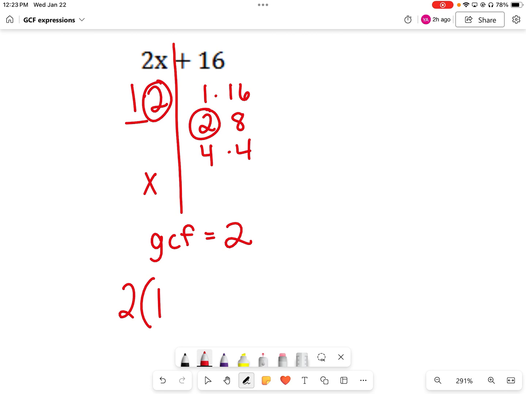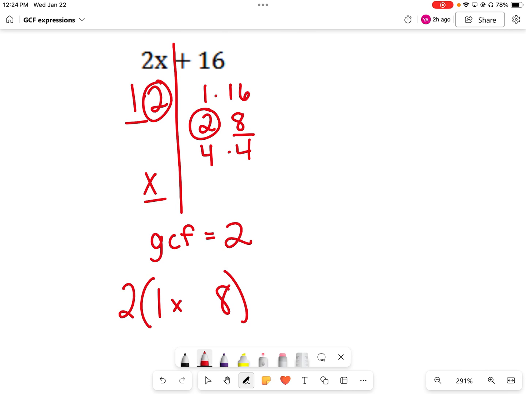So 1. And also the variables remaining. Underline that. X. And then leave a blank and look at what's with 2 on 16. It's 8. So we're going to write 8 there. Close your parentheses.